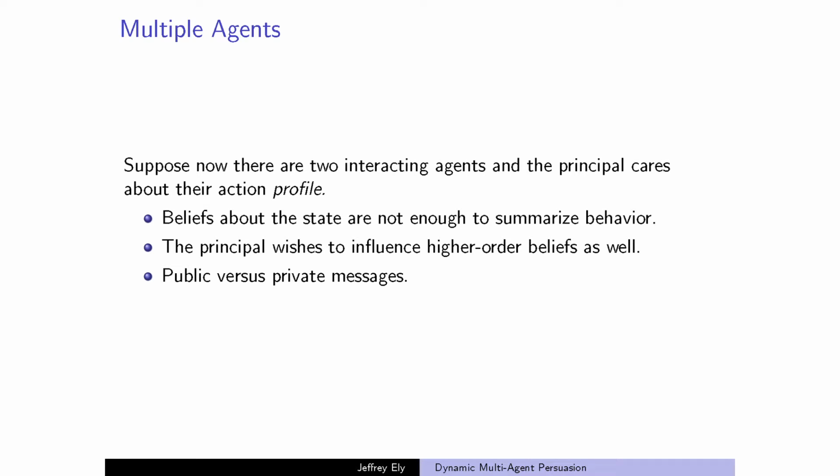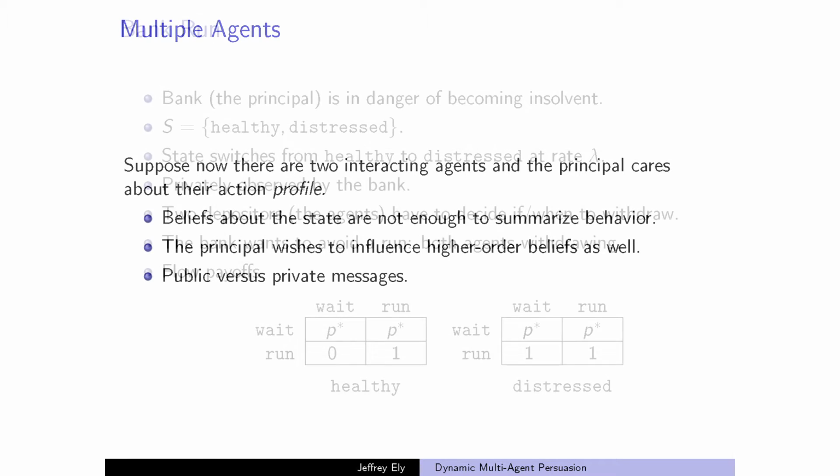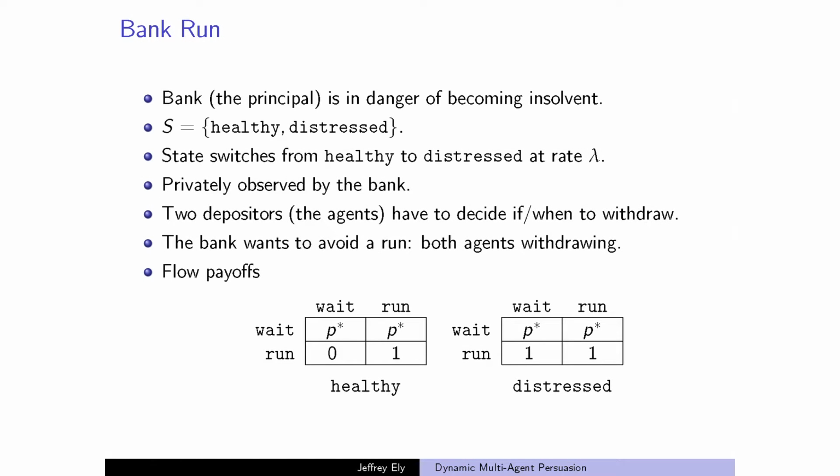So in fact, the leading example I'm going to talk about is a bank run. In this example, the principal is a bank. And the bank is presently healthy, but everybody knows that at some rate it's switching to being insolvent. So there's like a banking crisis, and lots of banks are becoming insolvent, and we just don't know about this specific bank, but we know it's just a matter of time before it switches.